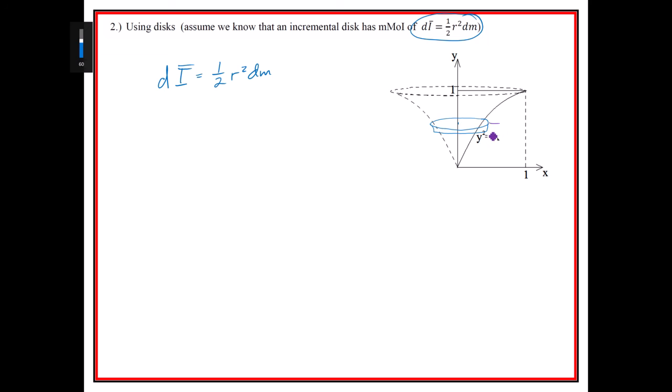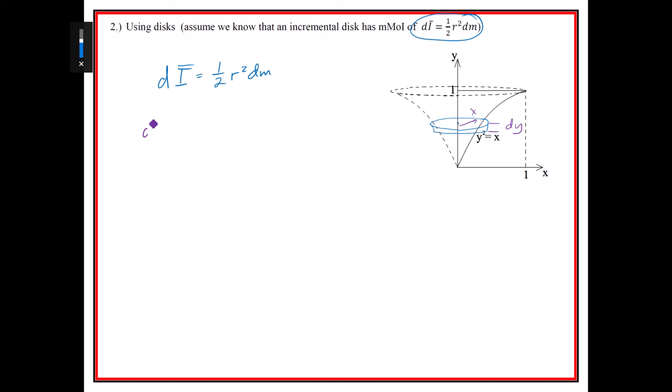The thickness of the disk is going to be dy, the incremental thickness. The radius of each disk is going to be equal to x. So r is going to be equal to x inside this thing up above.